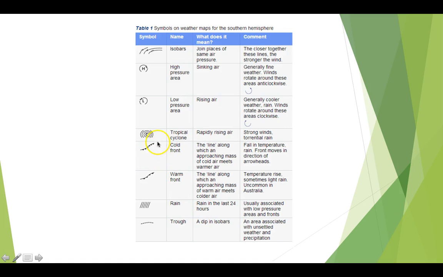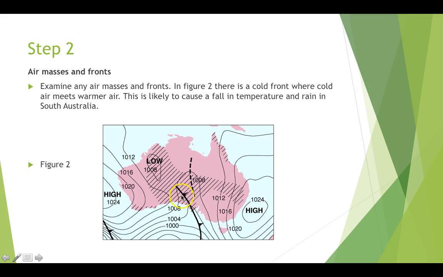So our cold front has got the line with triangles on it. Okay, and we've got this cold front meeting warmer air, which is likely to cause unstable weather and rain across southern Australia. So when a cold front meets a high pressure system, that is when rain is likely to occur.